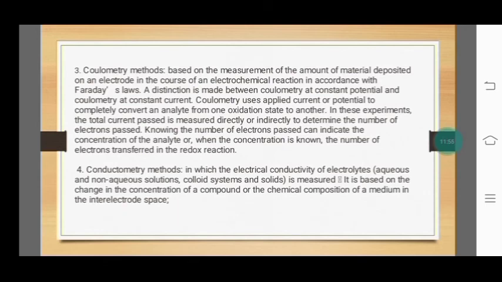In this experiment, the total current passed is measured directly or indirectly to determine the number of electrons passed. So knowing the number of electrons passed can indicate the concentration of the analyte, or, when the concentration is known, the number of electrons transferred in the redox reaction.